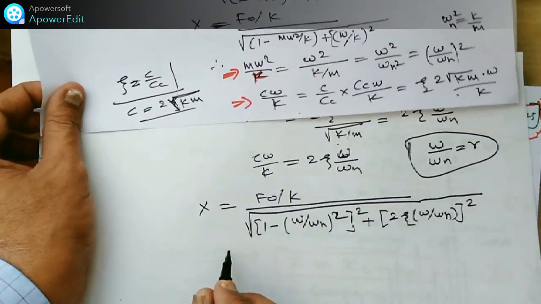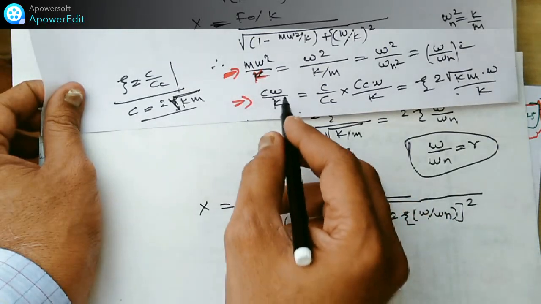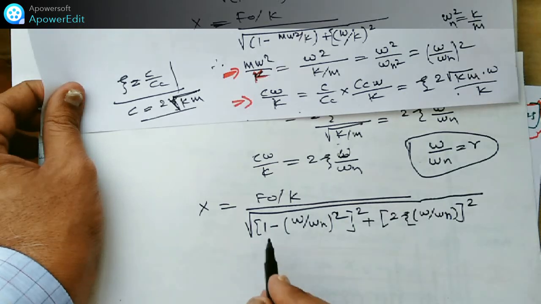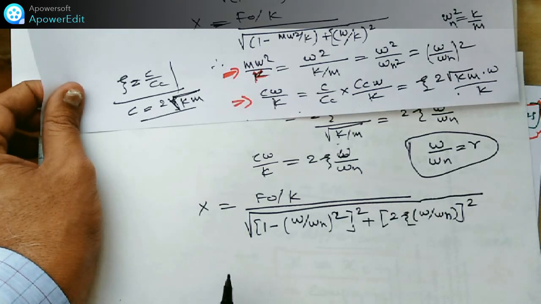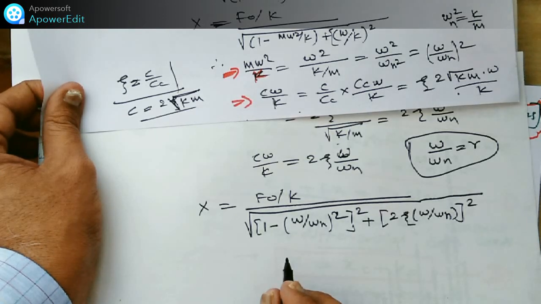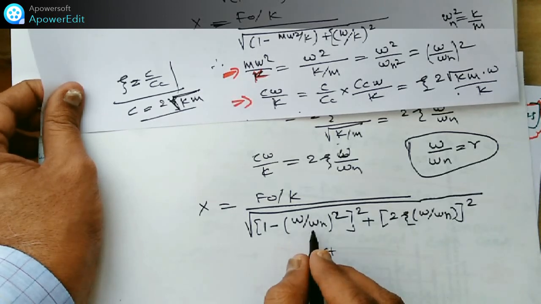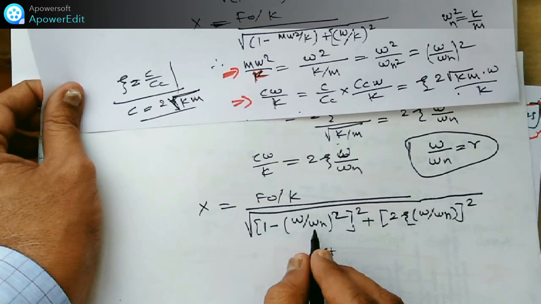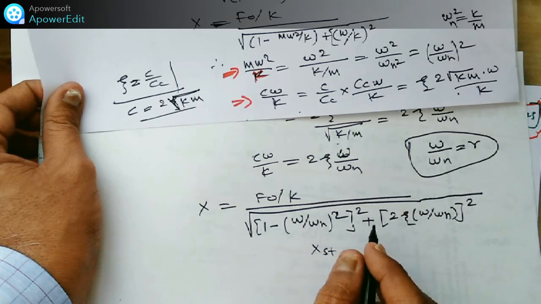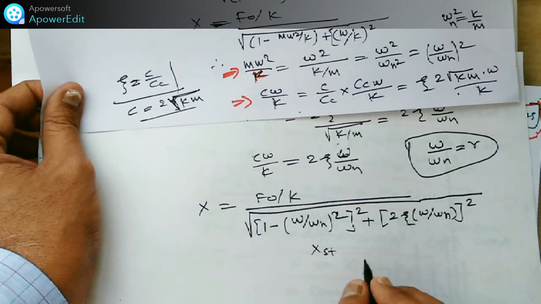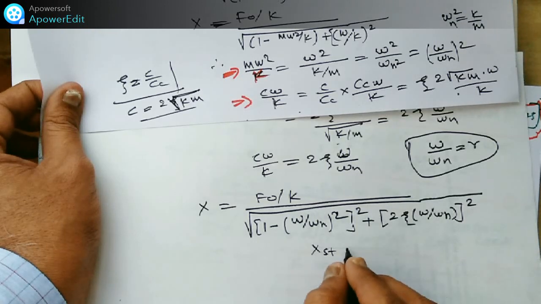Substituting these values of c omega, k and k omega square x in this equation, we got this final equation. What we know is the static deflection: when there is a static deflection, omega is equal to zero, there is no frequency, and the deflection due to the force F0 is x equal to F0 by k. So xst is equal to F0 by k.